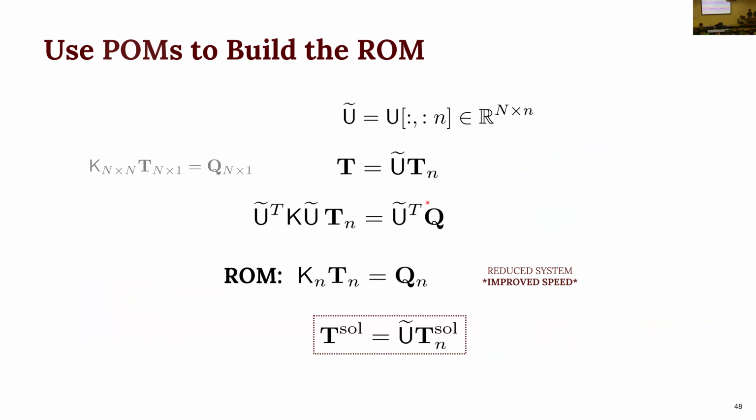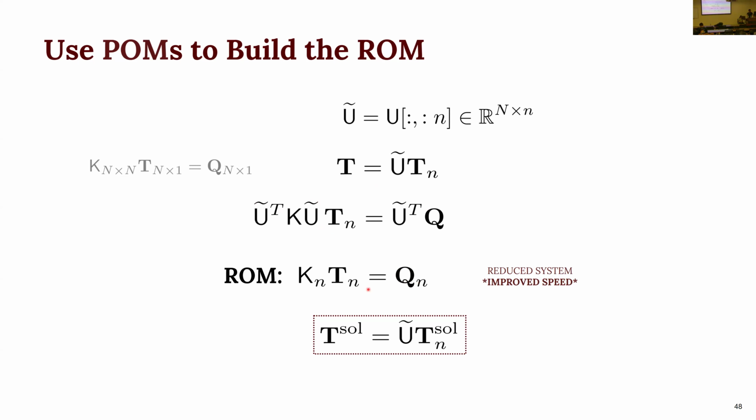And you obtain this reduced equation. We have u tilde transpose K u tilde. So now this yields a small n cross small n stiffness matrix, denoted here as K small n. And then you have Tn. Again, this is a reduced vector. And you project Q onto the subspace, and you get Q small n.